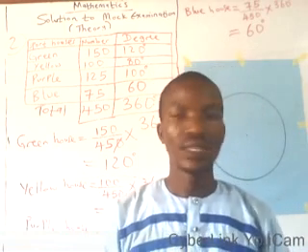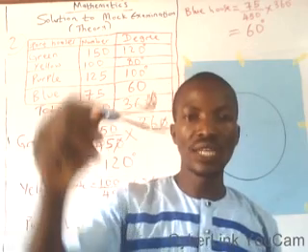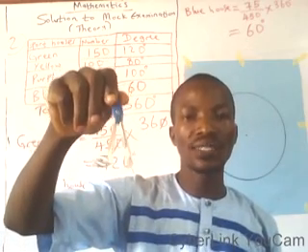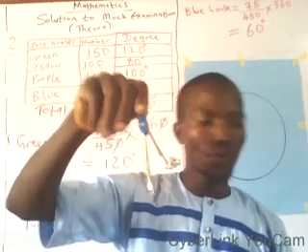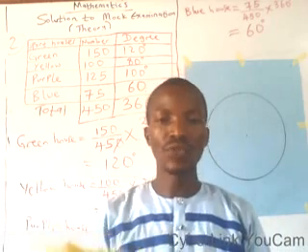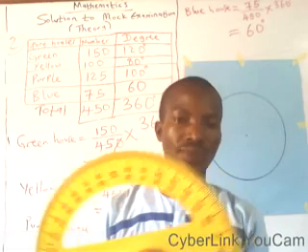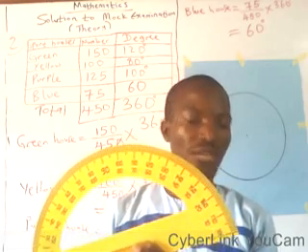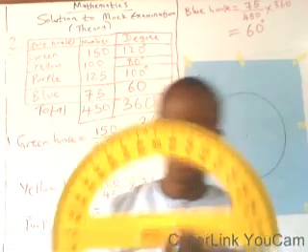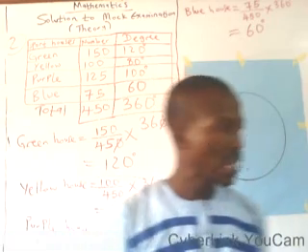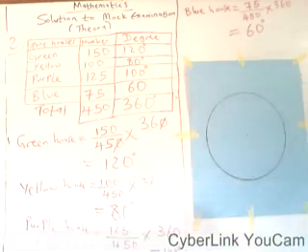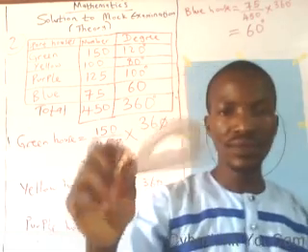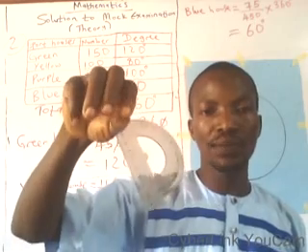Now you are going to make use of drawing instruments. The one I'm holding here is what we refer to as a compass, while this one is the protractor. In your mathematical set, the type you are going to find is probably this small type.